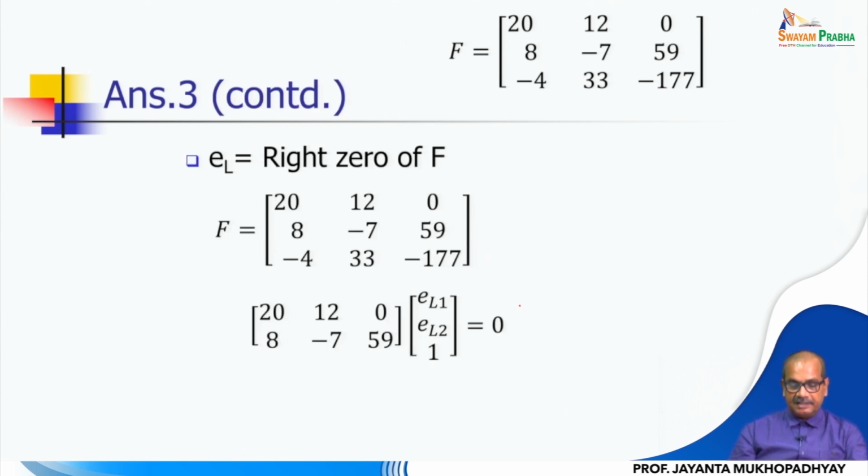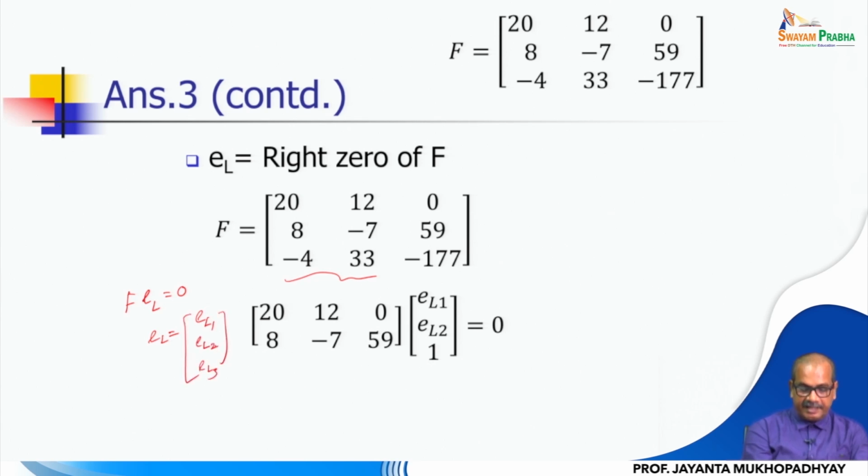So if F is this, then F times EL should be equal to 0. Now if I put this F here and write EL as EL1, EL2, EL3, then I get 3 equations.